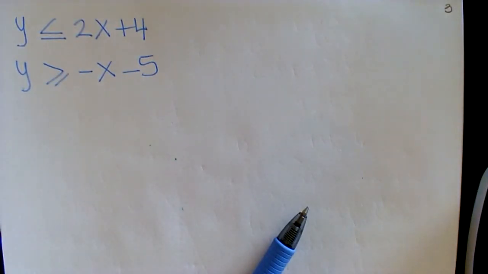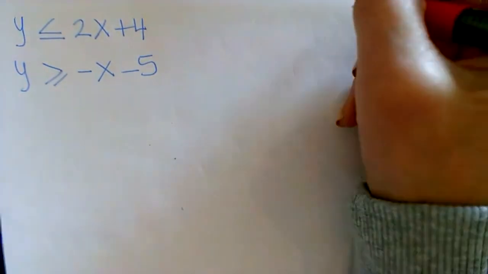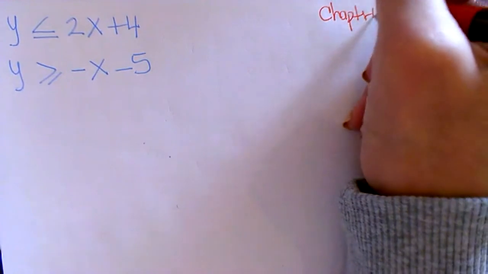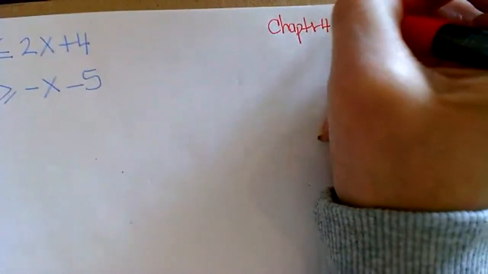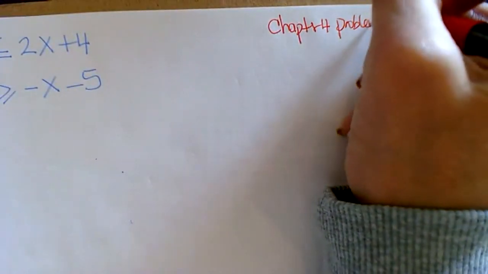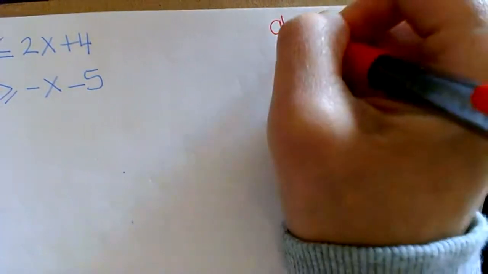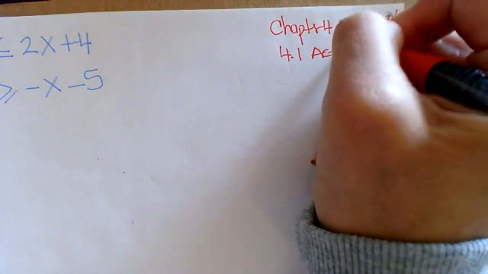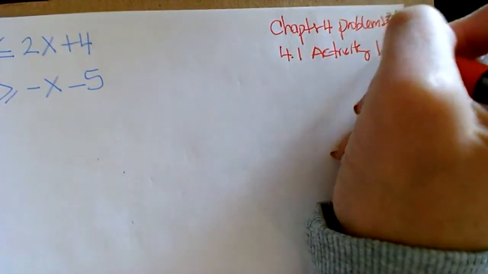And that one is coming from the same activity pack that I gave you. It's under chapter 4, problem set, and also says 4.1 activity 1.